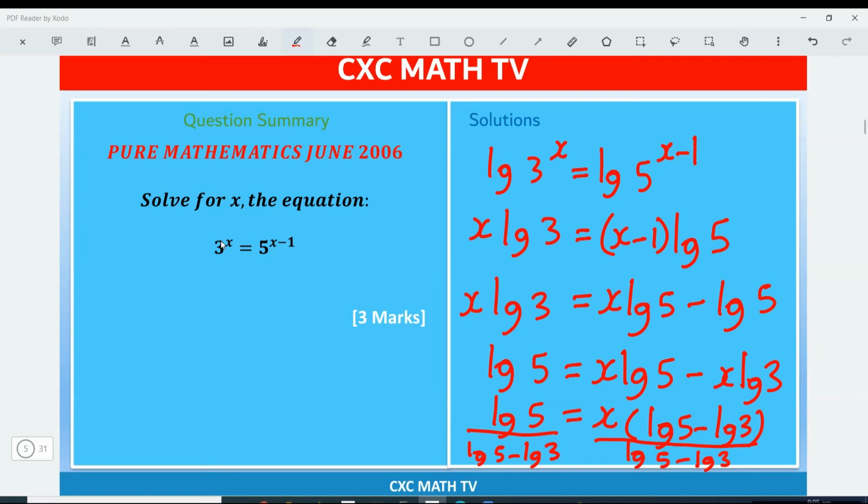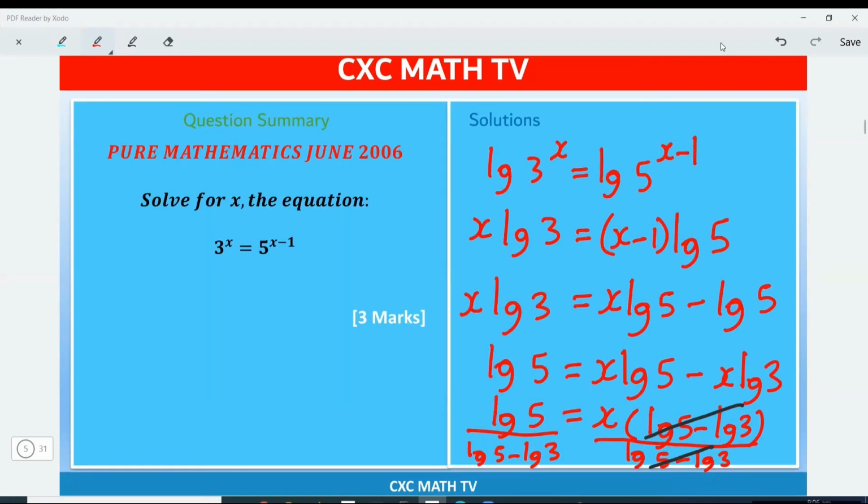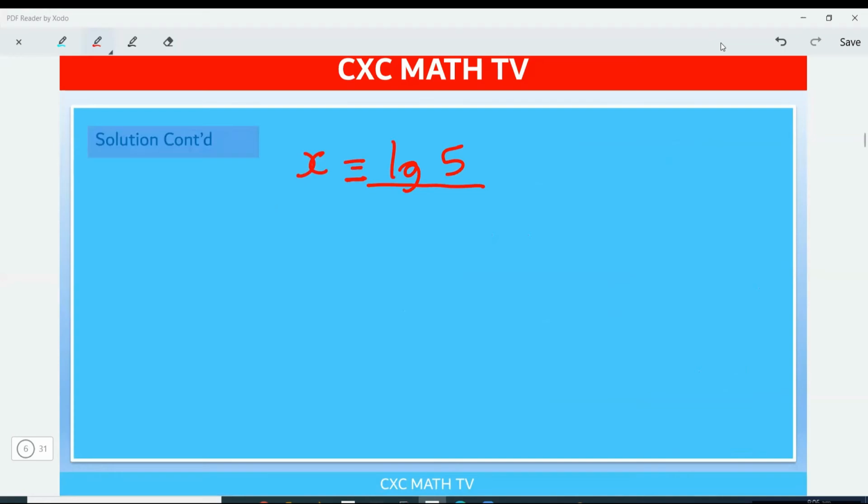Just to use a different color to show the canceling effect, it's always beautiful when we use a different color. So let's go with black. This cancels this. And so finally, we can write that x, this is the answer, x is equal to log 5 over log 5 minus log 3.